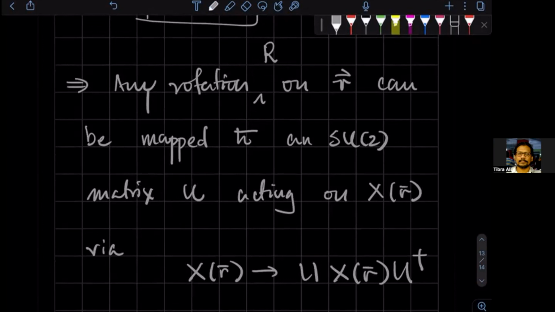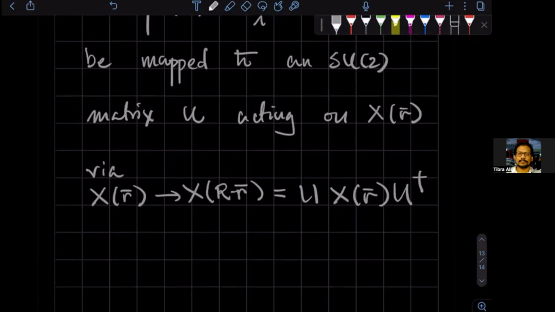Okay, so we can write this a little bit more technically, more explicitly. So X of R goes to X of the rotation matrix acting on R, equals this. So this is the homomorphism.